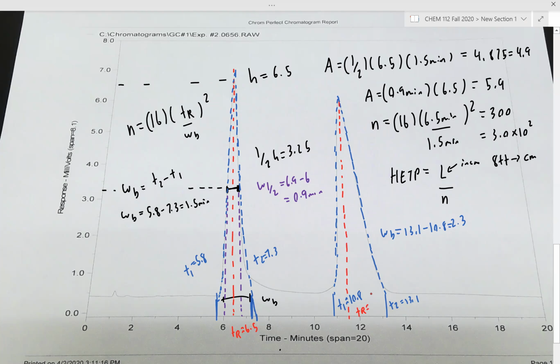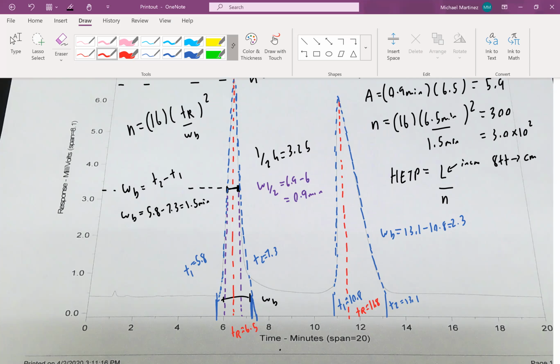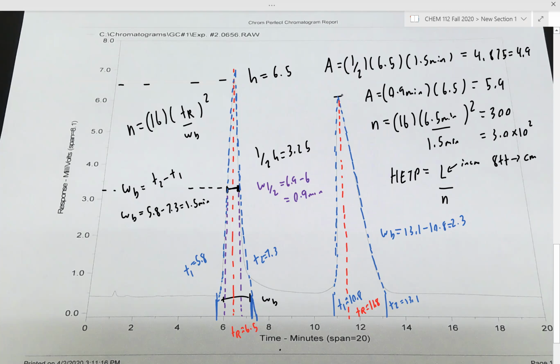Our retention time is about 11.8. Reading off our height now. Our height is 6.0, so half height. Reading off our width at half height.